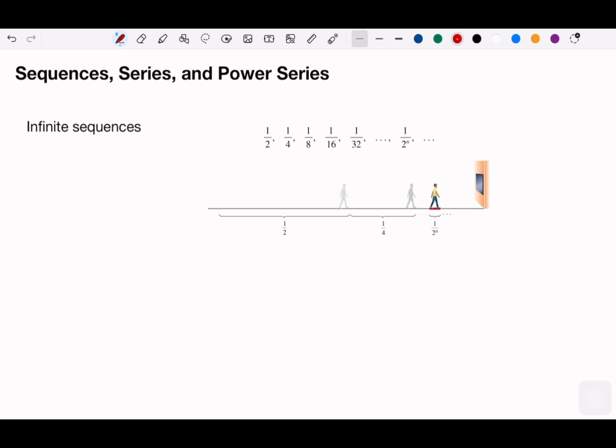For example, if this is 1 meter, then the first action is half meter. Then the next action is half of that distance. So 1/4, and then 1/8, and then you can see how much he will count. And the question for this Zeno paradox is, can the person arrive or touch the wall?